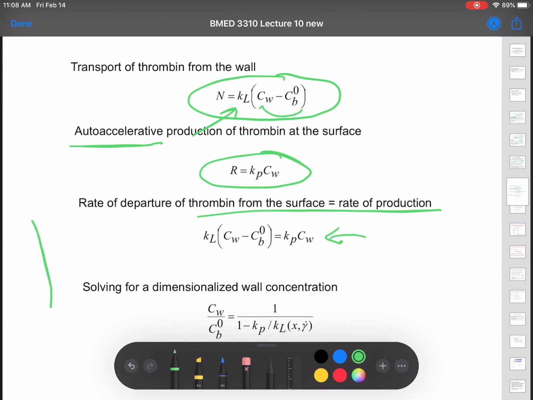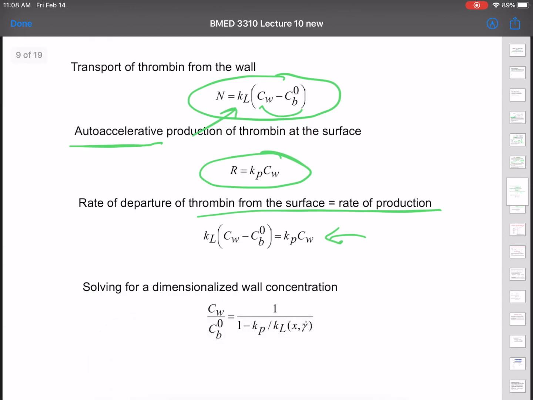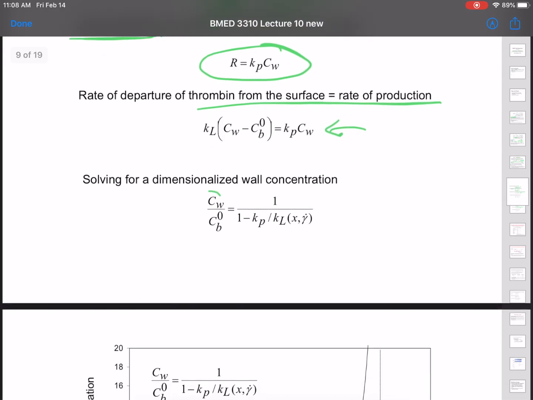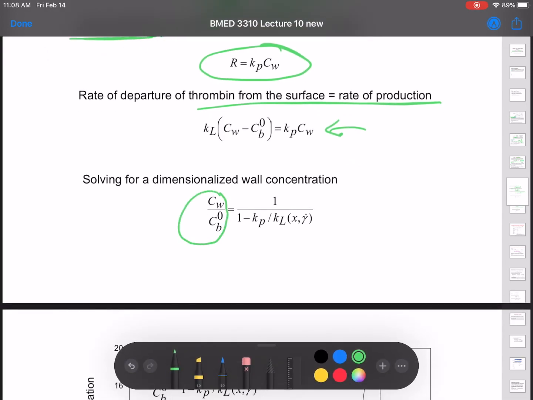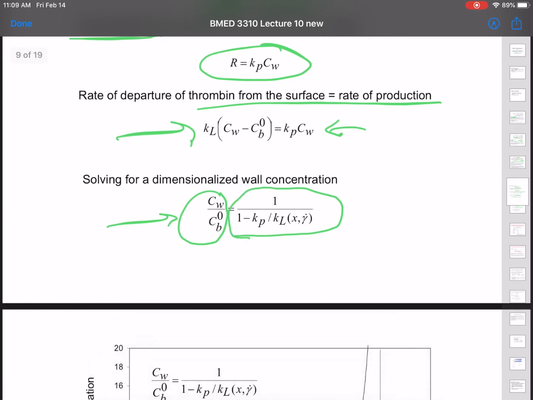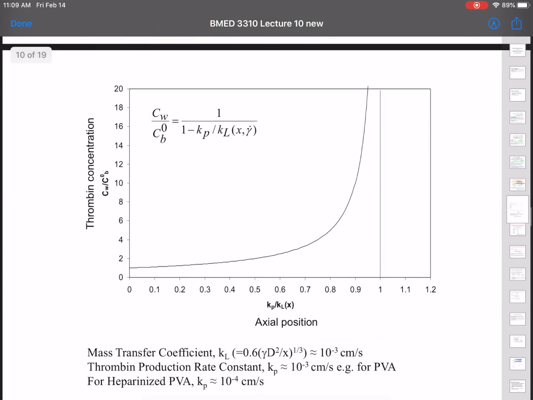And here we can just solve this equation and rearrange it to find the concentration at the wall over the concentration at the center line. And now we're just going to graph this relation. Yes, so this is just a graph of this equation.